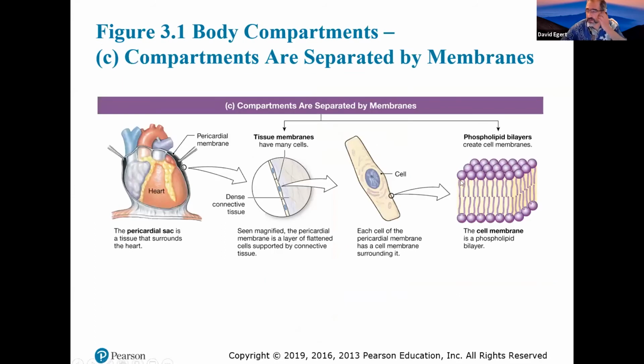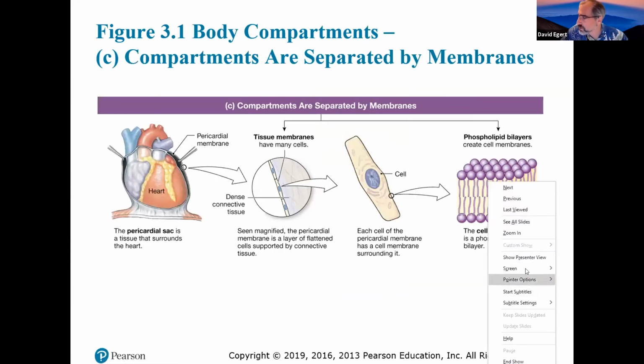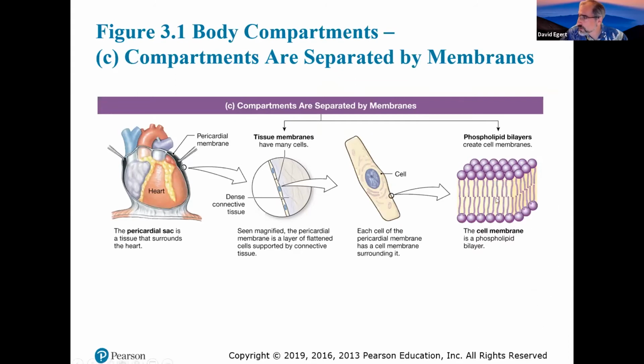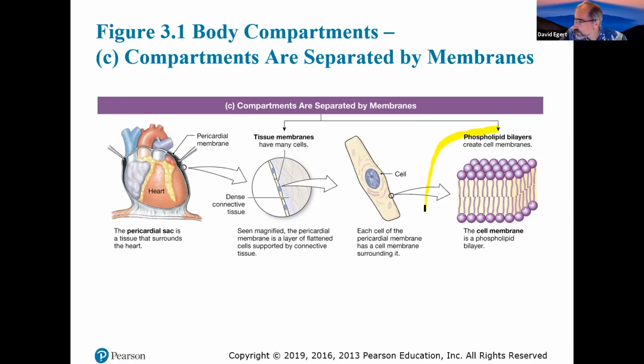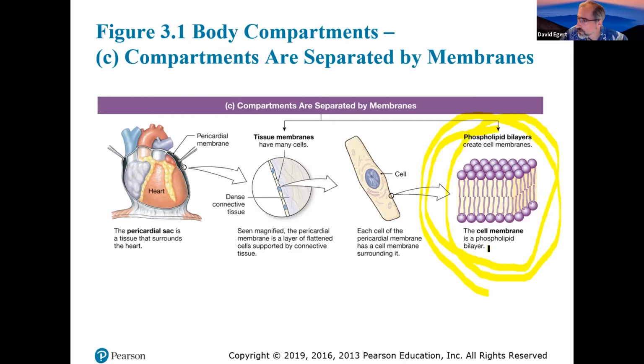So cell membranes, as you can see right here in this corner. Where's my pointer options? This is showing a phospholipid bilayer here. These are polar heads which are towards the water, all the hydrophobic tails come to the inside.